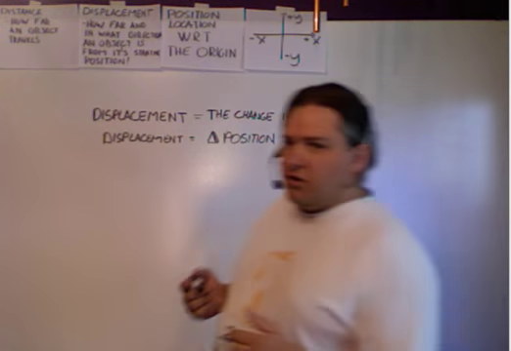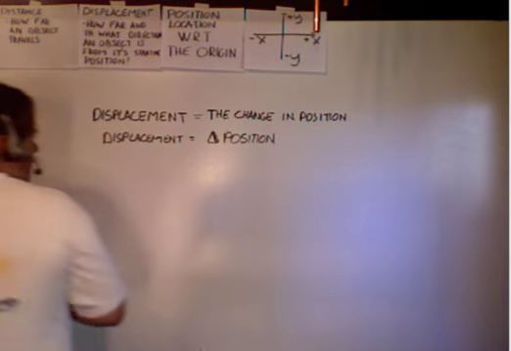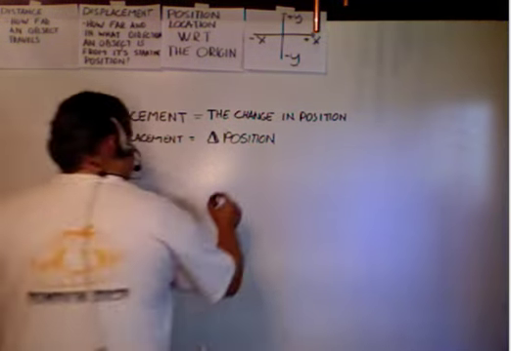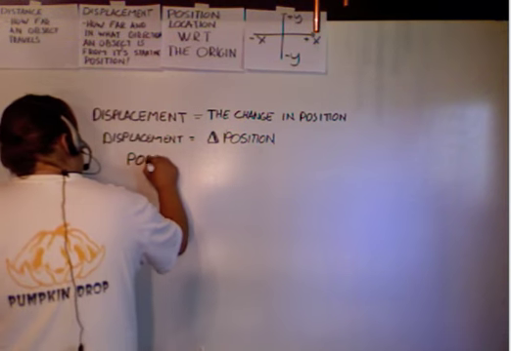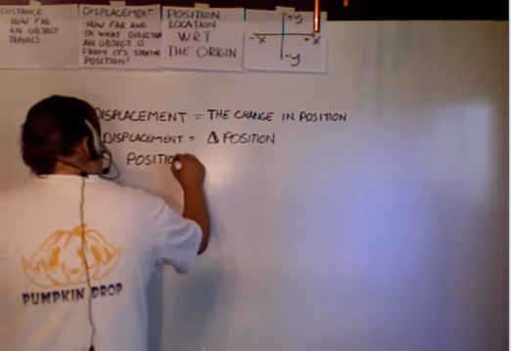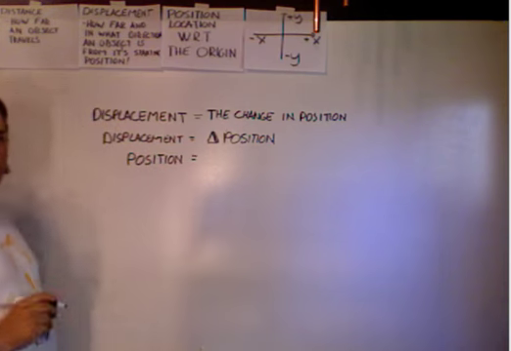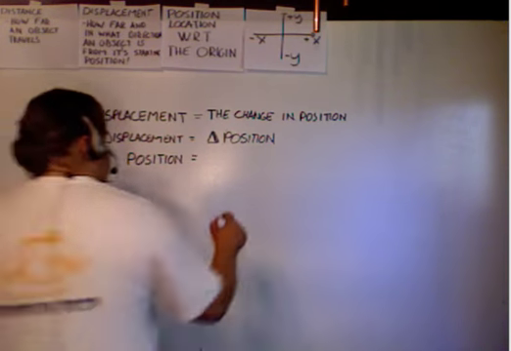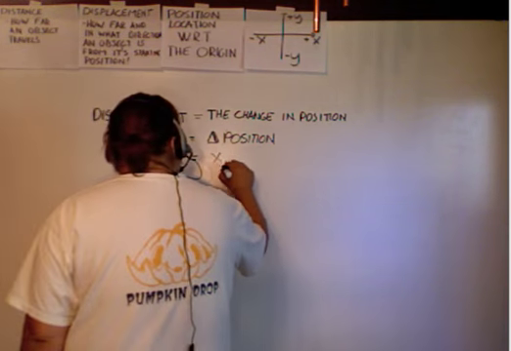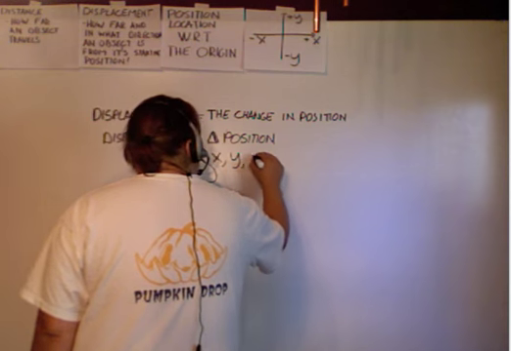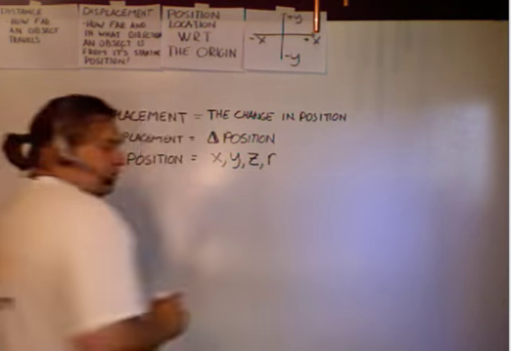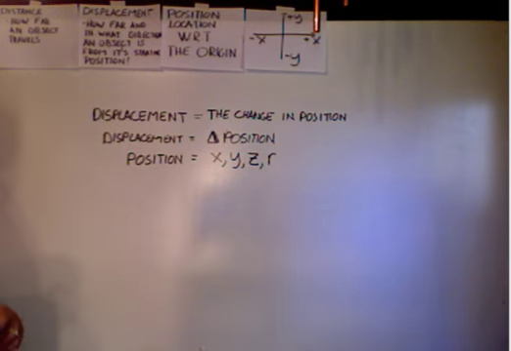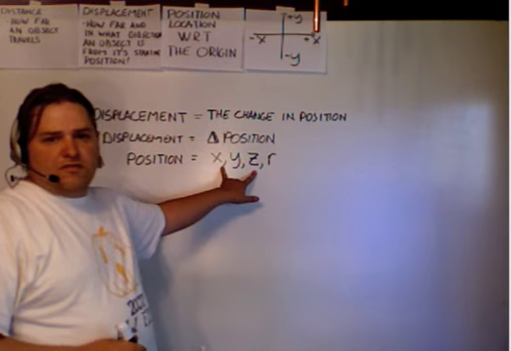Now, we can express this even a little bit further. We can refer to position. Position typically takes on a mathematical form. Position has symbols that are typically X, Y, Z, or R. Those are our typical symbols for position.